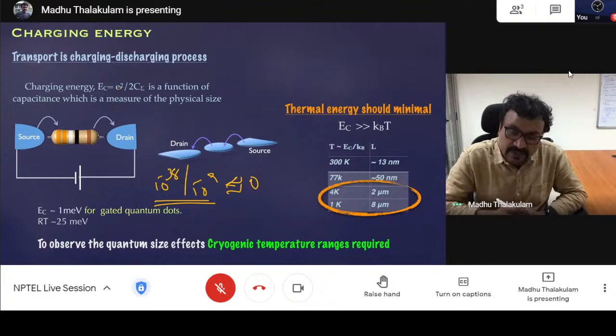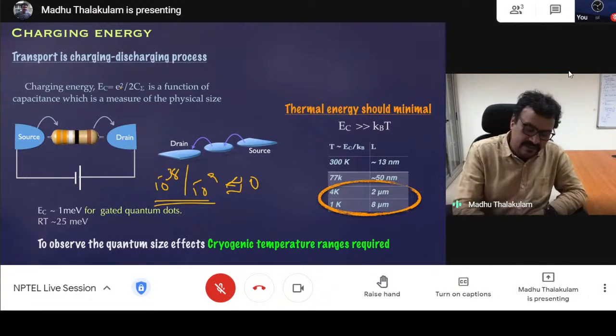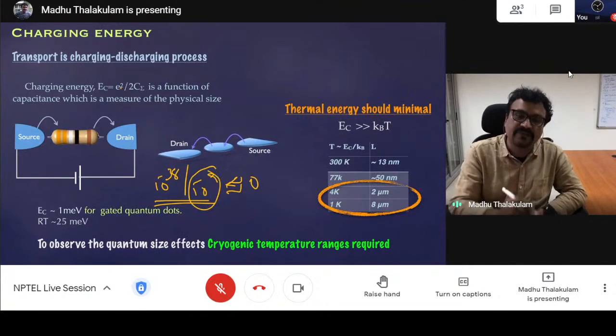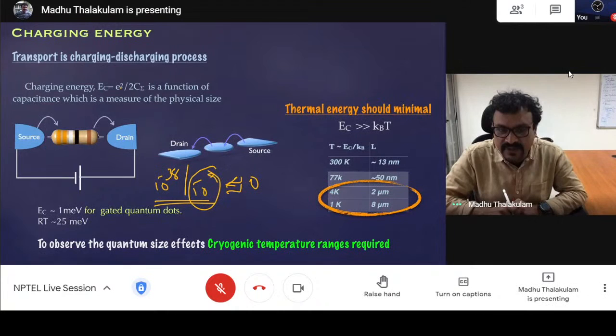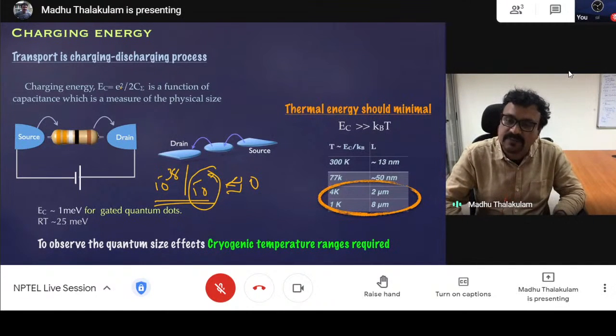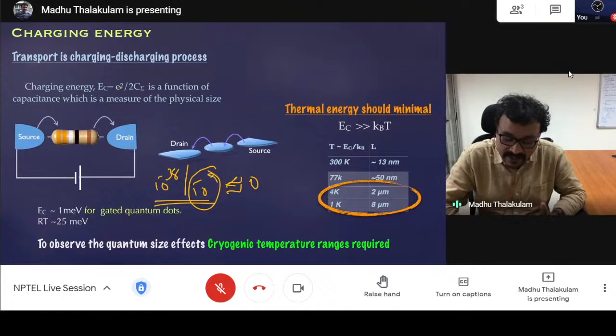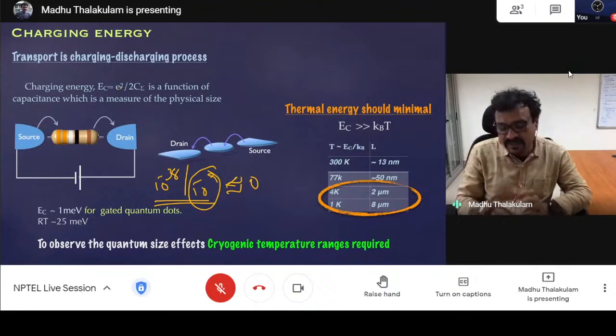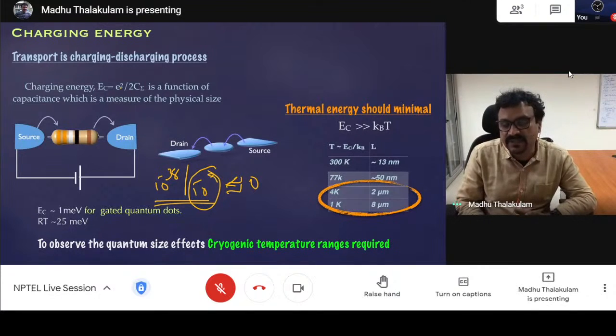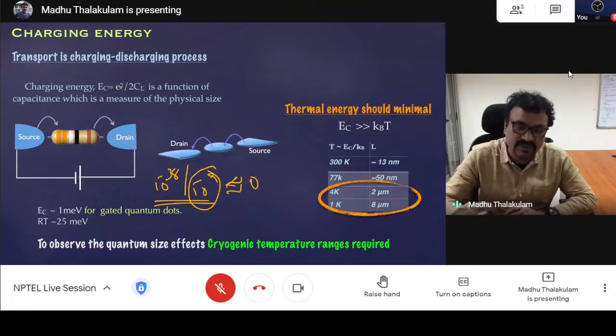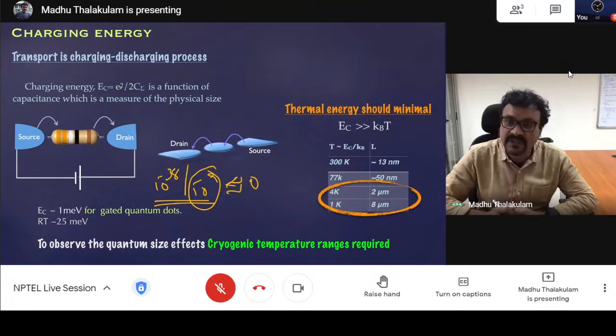But now, when you have a really small object like a quantum dot, these capacitances are in femtofarads or attofarads, and at cryogenic temperatures, we can run the numbers again, you will observe this charging energy. That means you need to put an extra effort to run the electrons through this quantum dot, because naturally the energy given by the temperature is not sufficient for this transport to happen.